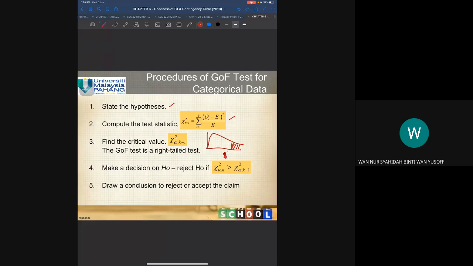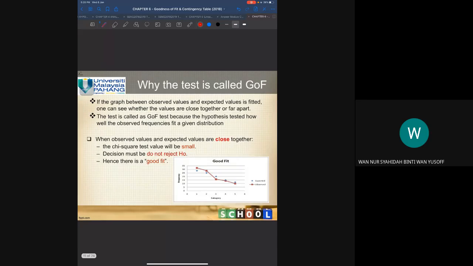So you will have chi-square alpha, k minus 1, where k minus 1 is your degree of freedom. Then the decision is based on the right-tailed test, and step 5 is to draw a conclusion to reject or accept the claim. Okay, any questions so far?